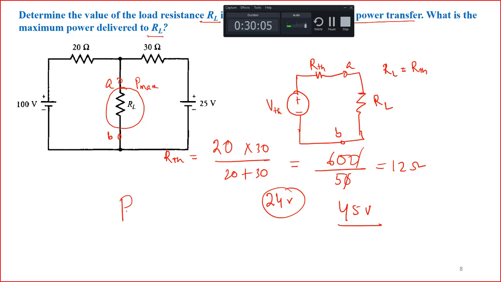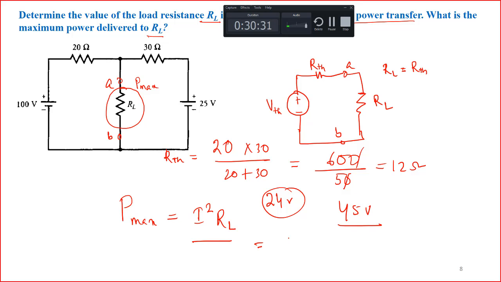Now what will be the maximum power transfer? I will find. So maximum power transferred will be, your net current, I square RL, right? So that will be the maximum power. So I you can find VTH by twice of 12 ohm, so that is 24, right?